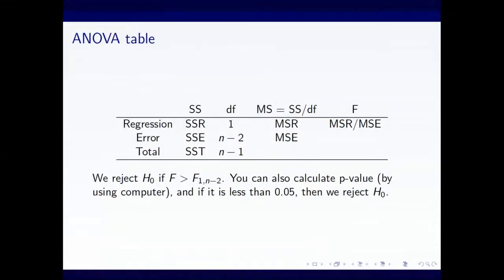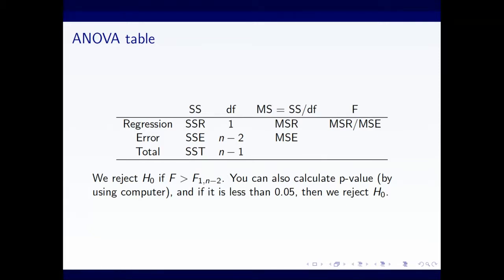So we can create the ANOVA table here. We have regression, error, and total, which is the source of the variation. We have the sum of squares: the sum of squares due to regression, the sum of squares due to residual or error, and the sum of squares for total.